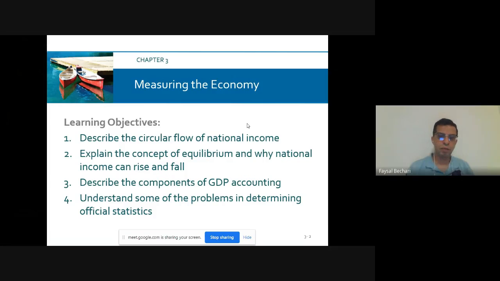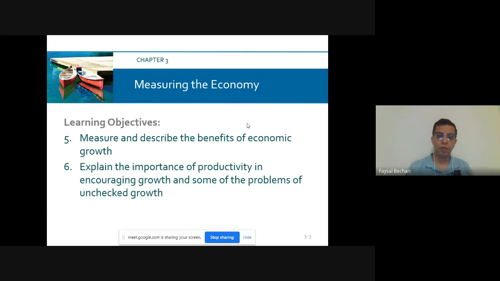Now, the learning objective is to describe the circular flow of national income, explain the concept of equilibrium and why national income can rise and fall, describe the components of GDP, and understand some of the problems in determining the official statistics. Also, we will be measuring and describing the benefits of economic growth, explain the importance of productivity in encouraging the growth, and some of the problems of unchecked growth.